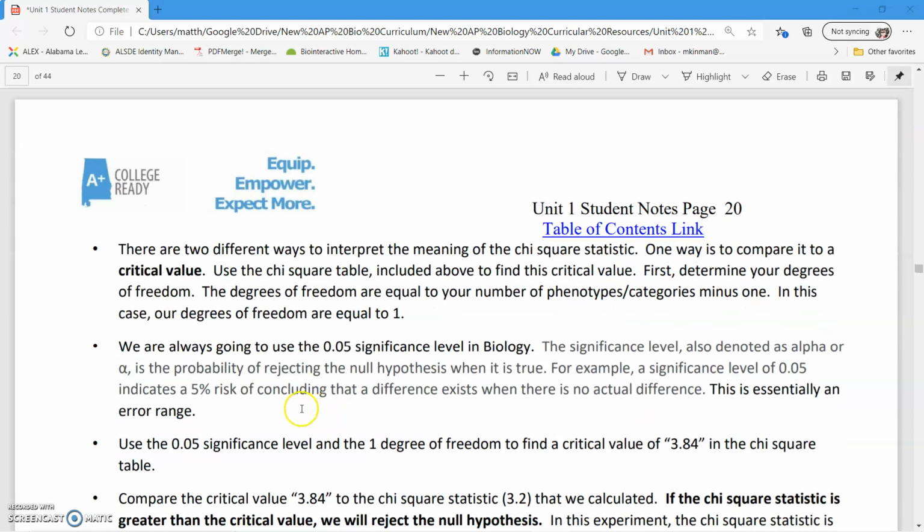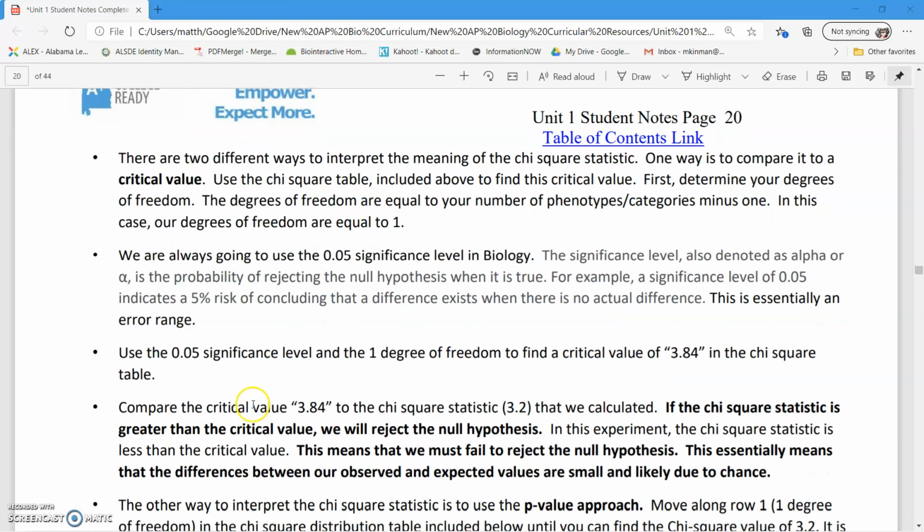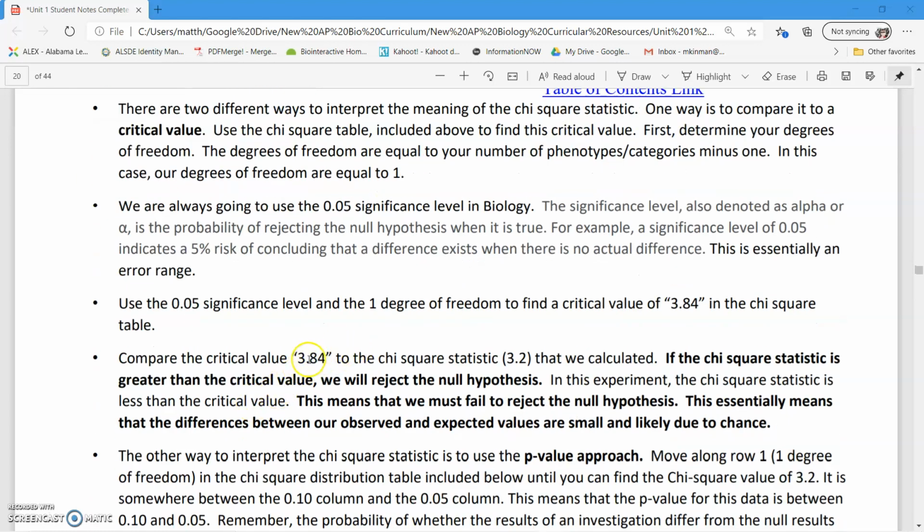And so this talks about how to find the critical value, which we already found. Critical value in this case was also 3.84. Compare the critical value of 3.84 to the chi-square statistic 3.2 that we calculated. So obviously 3.84 is higher than 3.2.